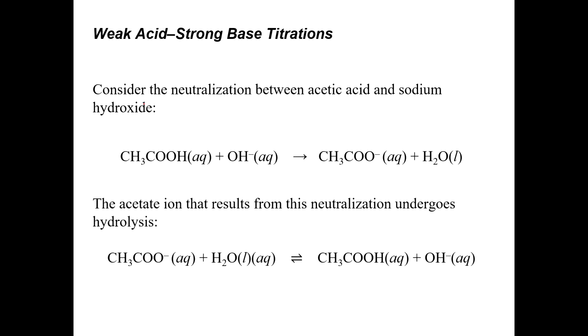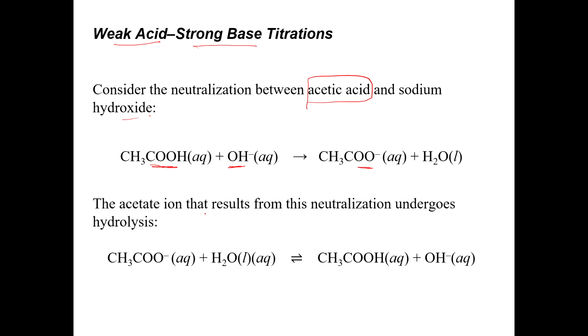Let's look at the next titration, when you react a weak acid with a strong base. The previous one was strong acid, strong base. Here a weak acid is reacting with a strong base. In this neutralization reaction, the weak acid you are taking is acetic acid, and the strong base is sodium hydroxide. If we remember properly, whenever you have a weak acid and you add a strong base to it, it will produce a weak base here.